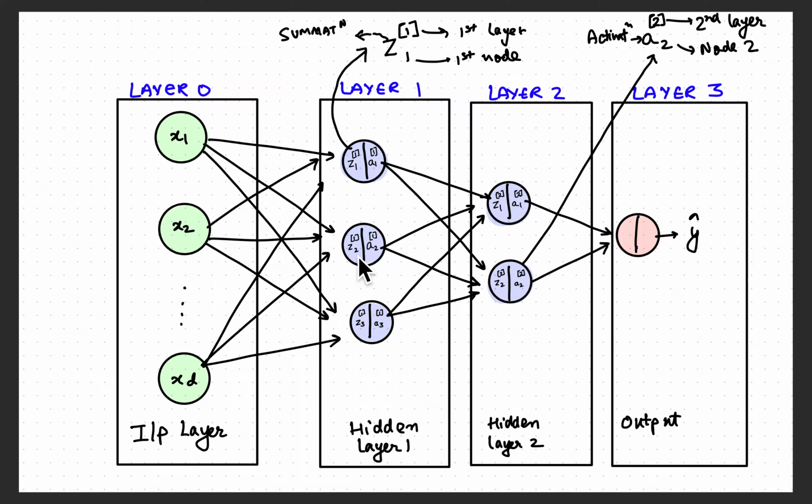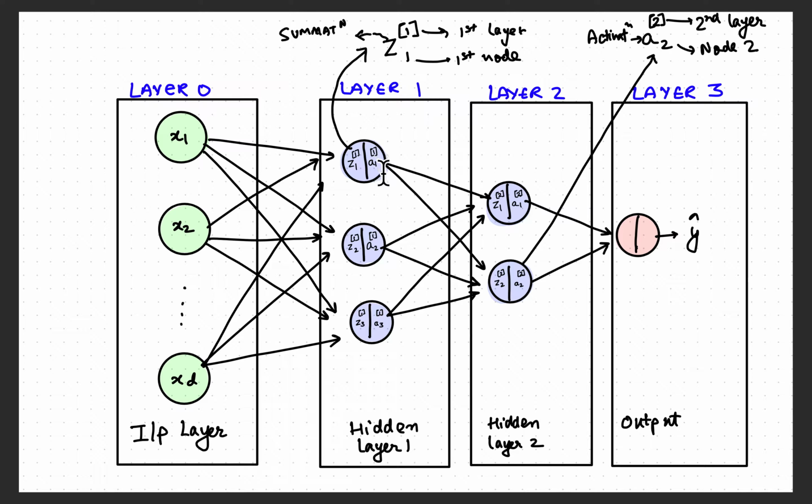Similarly, the second neuron in layer 1 is written by convention as Z superscript [1] and subscript 2, which tells us layer 1 and node 2. Similarly, corresponding to each Z, we have an activation A, which uses the same convention.